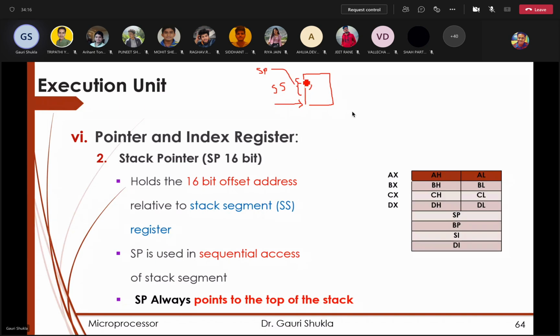Okay, suppose the stack is over here. SP will point here, and then it will get incremented. So now my memory locations are moving up. This is the lowest one, this will be the highest one.